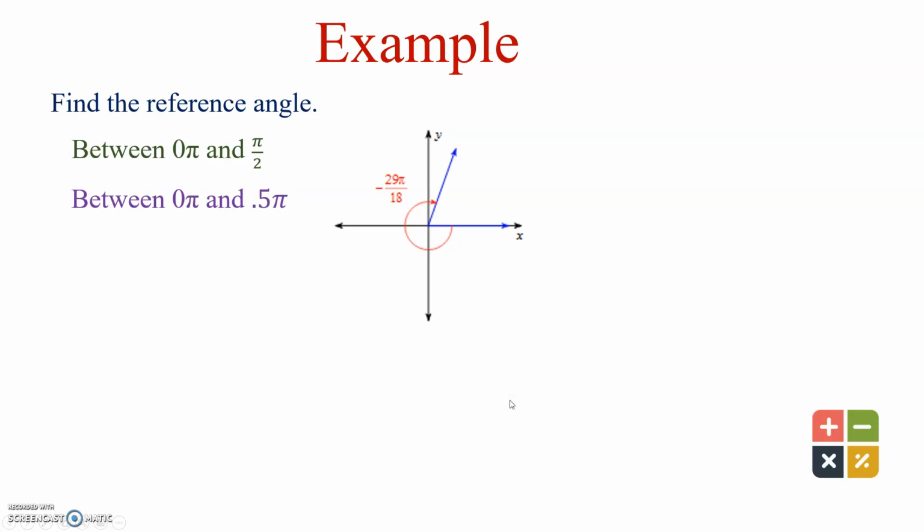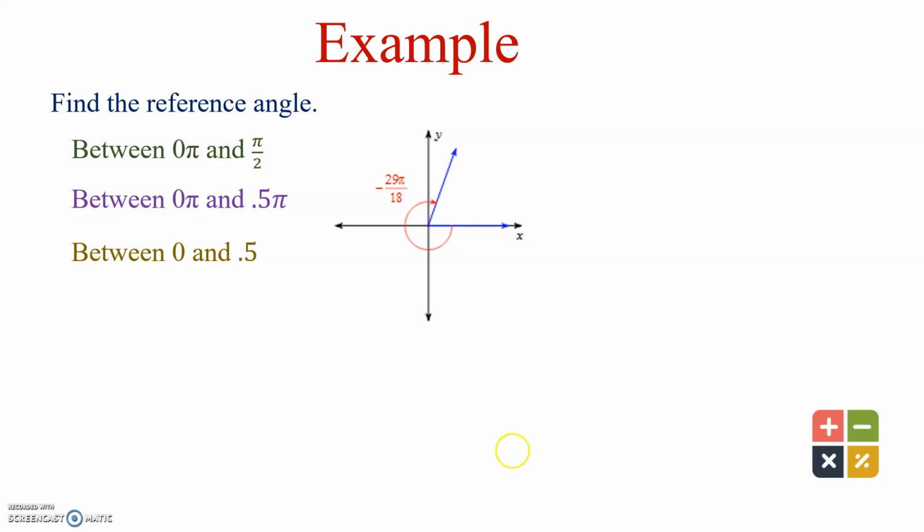So instead of 0 pi to pi over 2, as a decimal it's between 0 pi and 0.5 pi. Because we're working with the calculator, we're just looking for a number between 0 and 0.5. When it was degrees, we were looking for a number between 0 and 90.